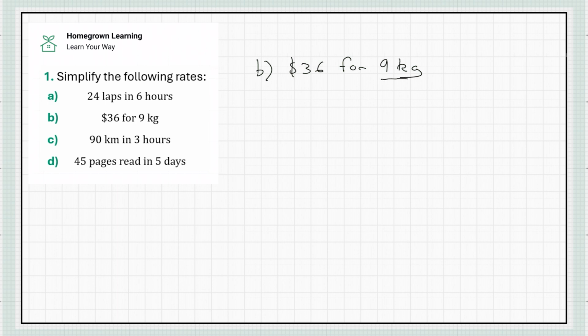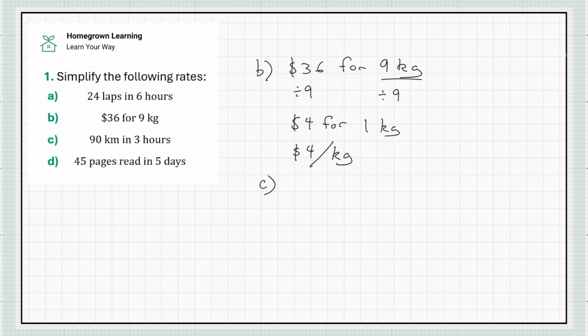So again, we're going to divide both sides by this final quantity. So divide this by 9 and divide this by 9. So 36 divided by 9 will be 4. $4. 9 divided by 9 is just 1 kilogram. Alright, or we can write this just like we did before, $4 per kilogram.